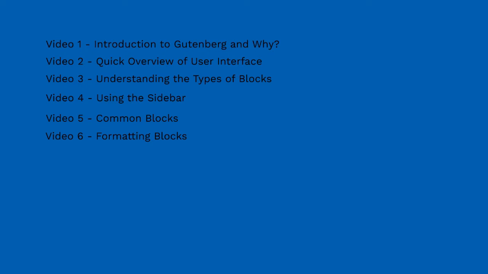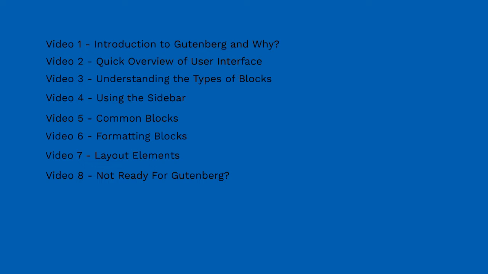As you can see here, I'm breaking it up into simplified videos. I don't want to put all of these into one video to overwhelm you. All right. Video number 7, we'll talk about layout elements. And video number 8, we'll talk about what to do if you're not ready for Gutenberg and you do not like the editor after you've seen all of this: how do you go about disabling it?